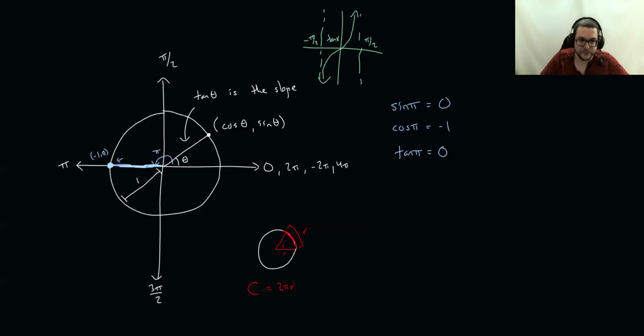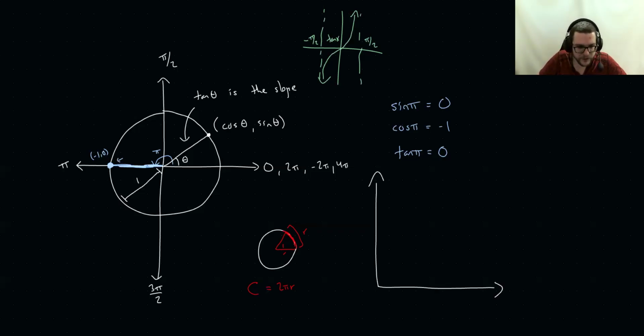Okay, so we have that. The next thing you typically need are a couple of other special values you need to recognize. We're going to focus on the first quadrant.